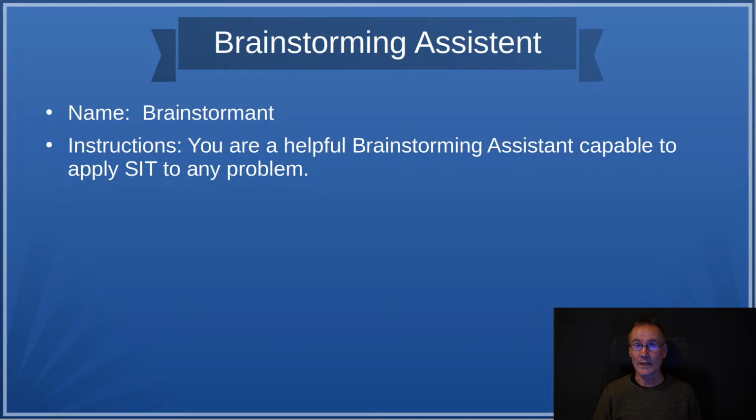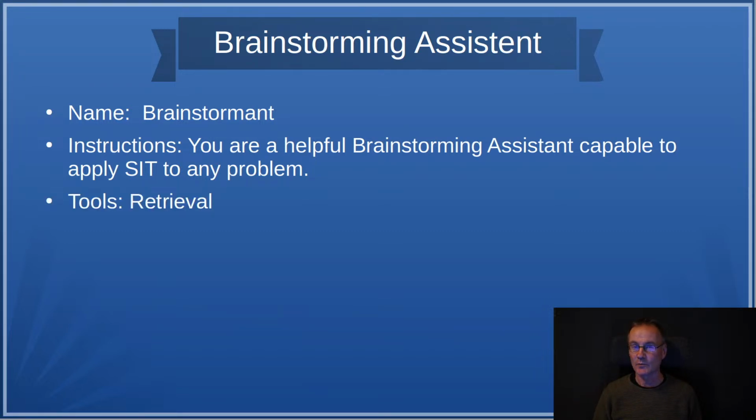This is something we had in OAI before. So my instructions for this one is that you are a helpful brainstorming assistant, capable to apply SIT for any problem. And SIT is, for those who know it, systematic inventive thinking. It's a way of thinking when it comes to brainstorming.